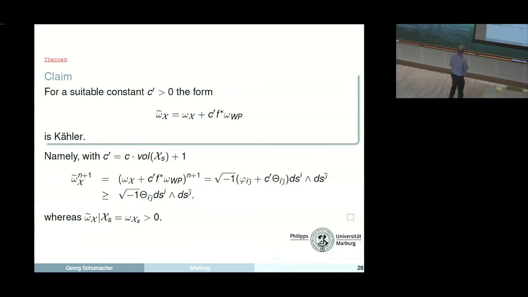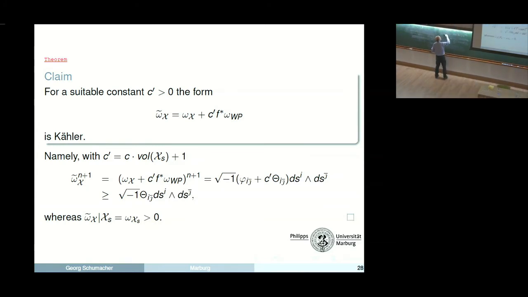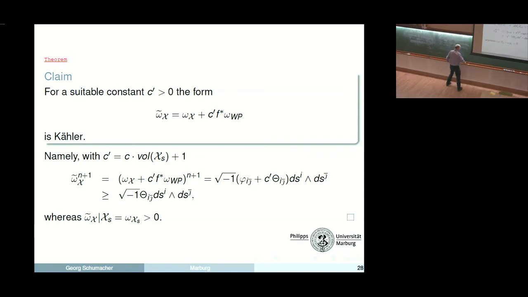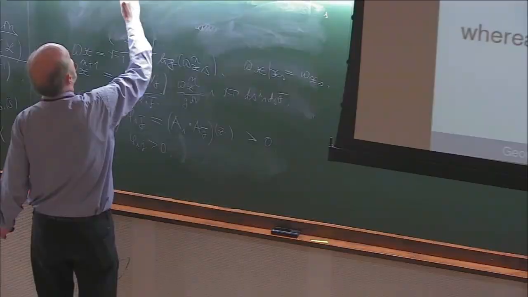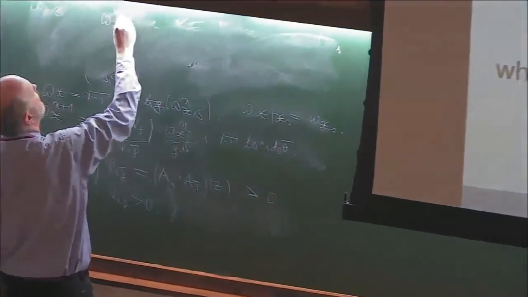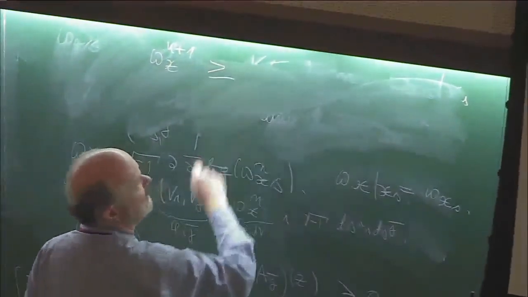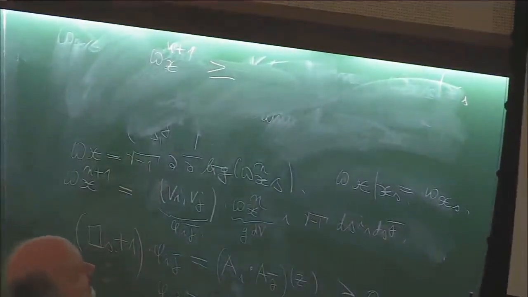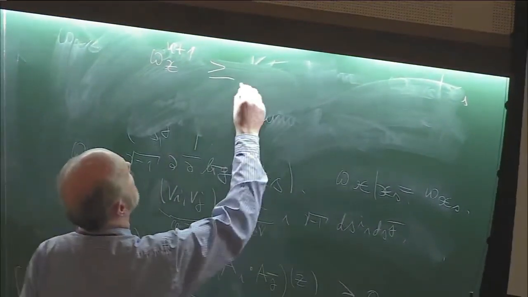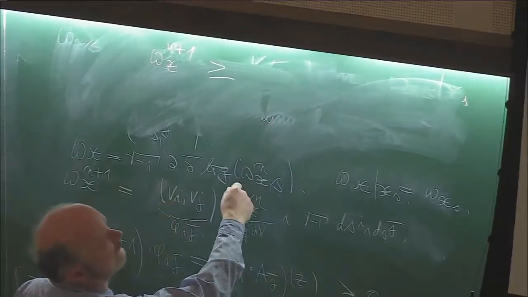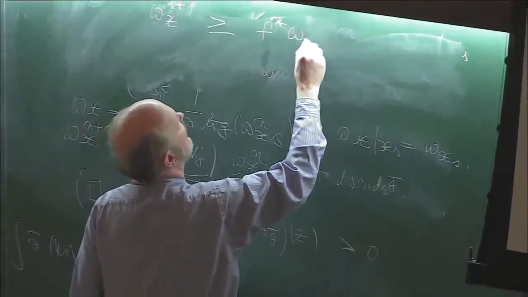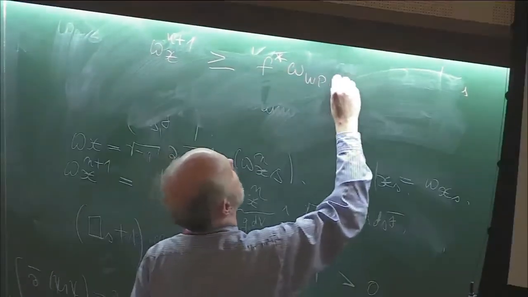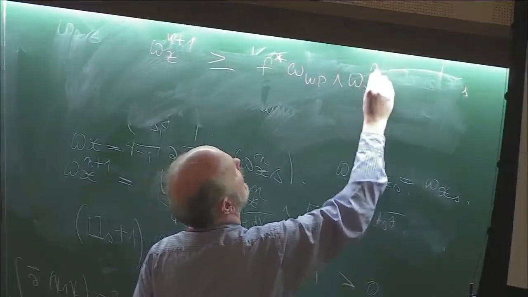Okay, sorry, I should say that the last line contains a misprint. So it says omega x to the n plus first power larger or equal to f alpha star, pullback of the WP form wedge omega x to the power n.